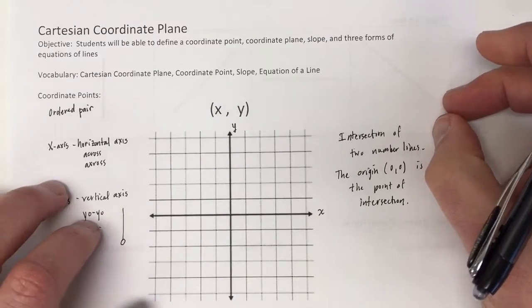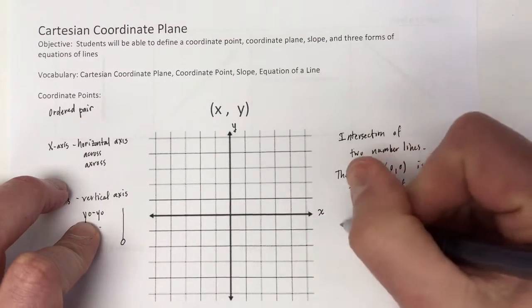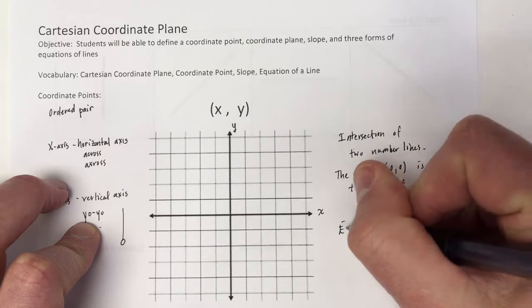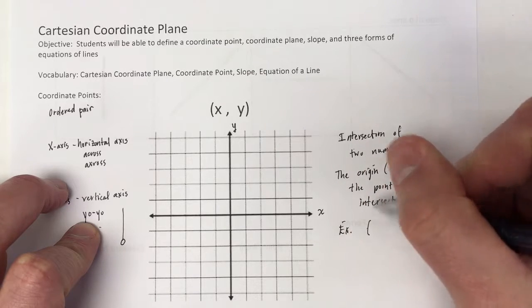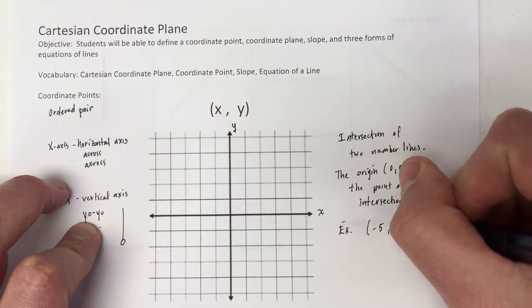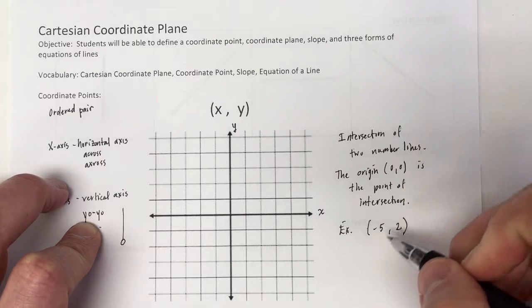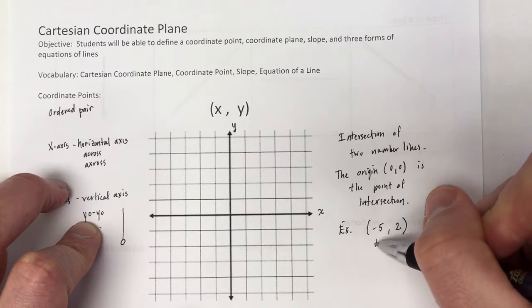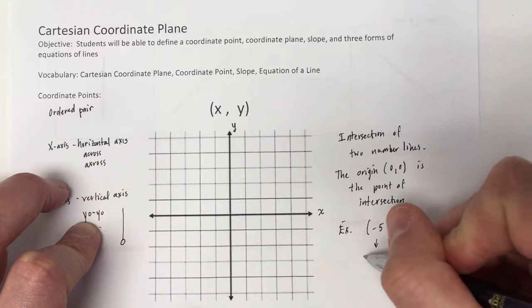And so when we're plotting any single point, let's just say, for example, we have the point -5 and 2. What this is really saying is travel along the x-axis -5 units.